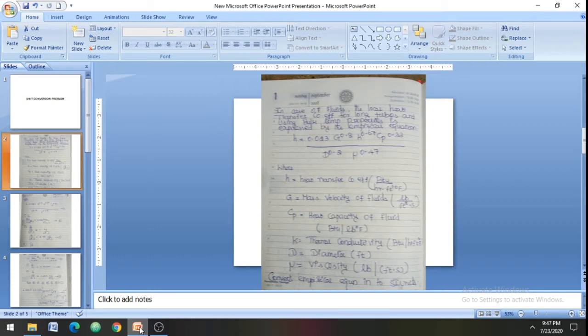So convert the empirical equation into SI unit.